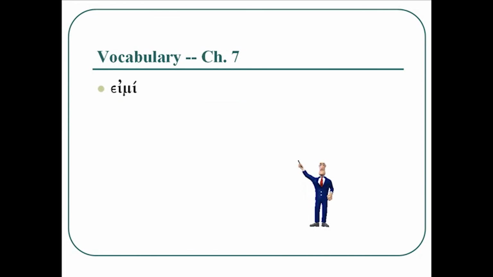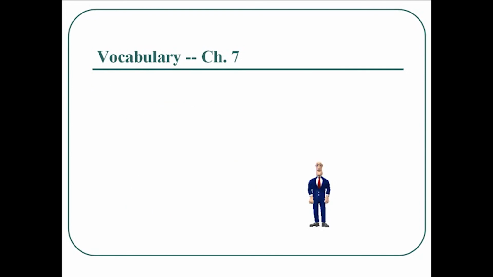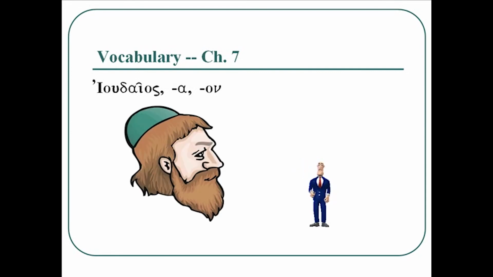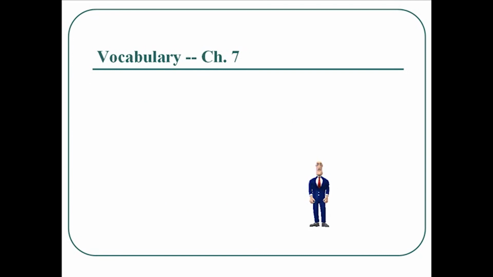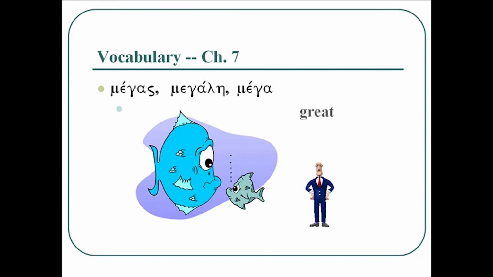The fourth word is eimi, and it means I am. The fifth word, Ioudaios, a, on, and it means Jewish or a Jew. The sixth word is megas, megale, mega, and it means great.